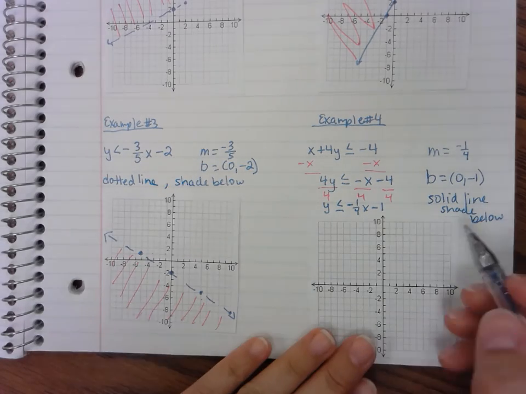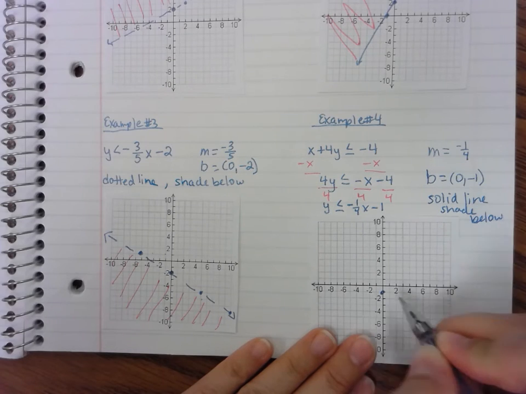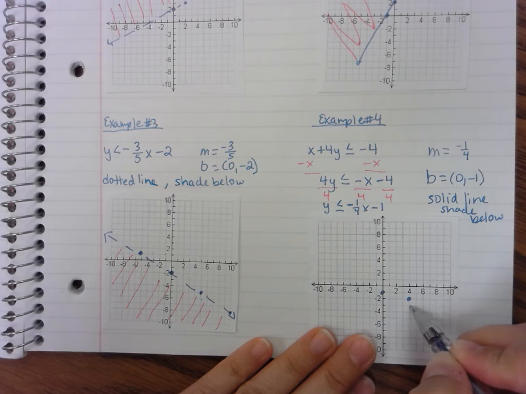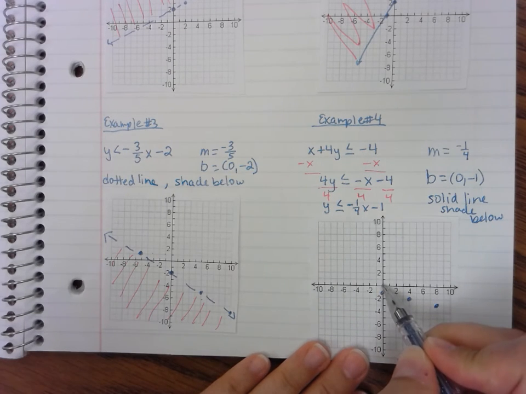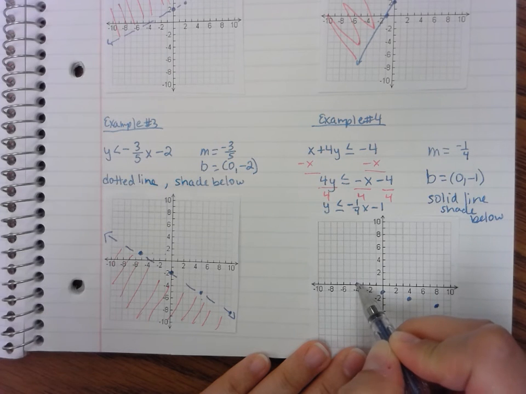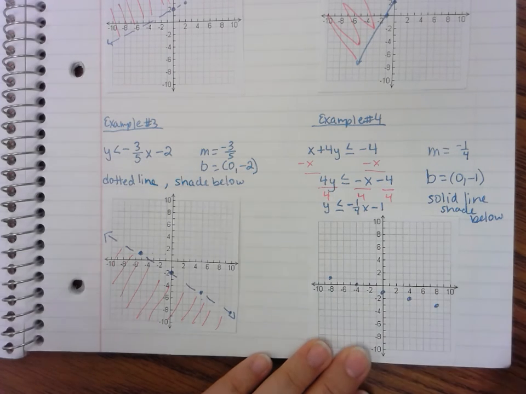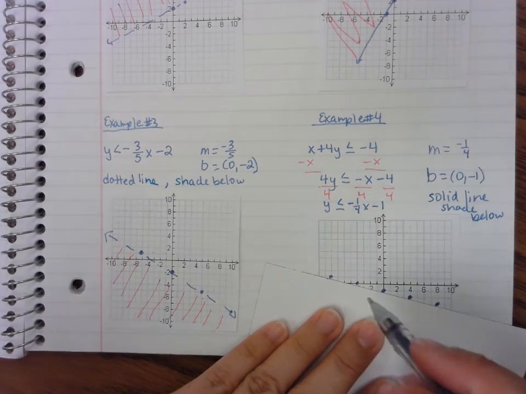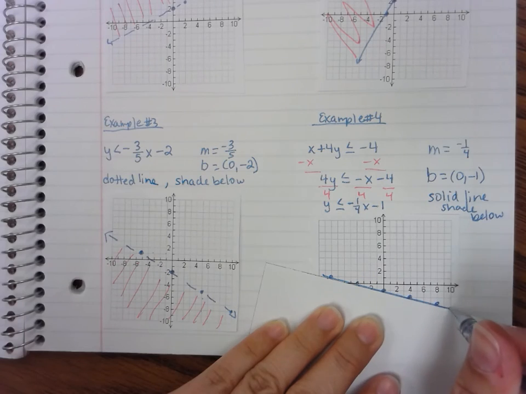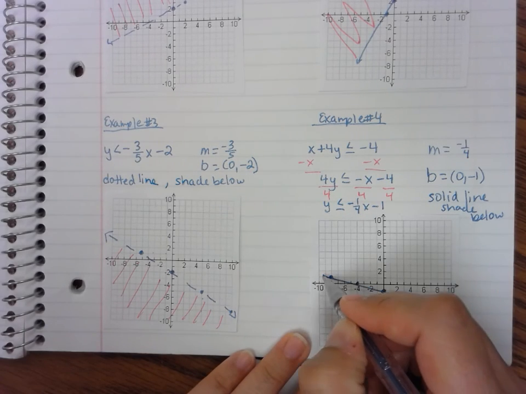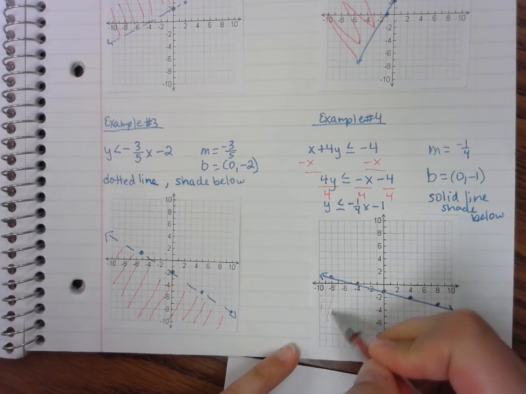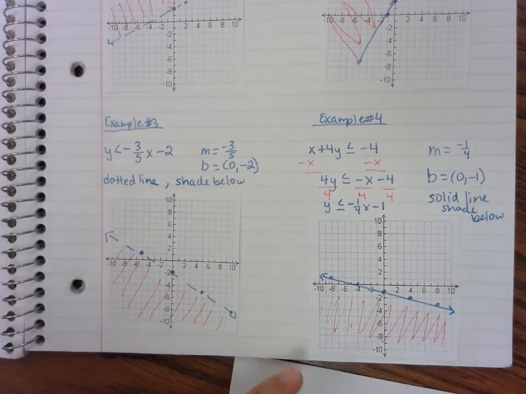So I'm going to plot (0, negative 1), and my slope is negative 1 over 4: down 1, to the right 4, or I could go up 1 to the left 4. And remember that I can do a solid line here. Connect with arrows, and it is less than or equal to, so I can shade below.